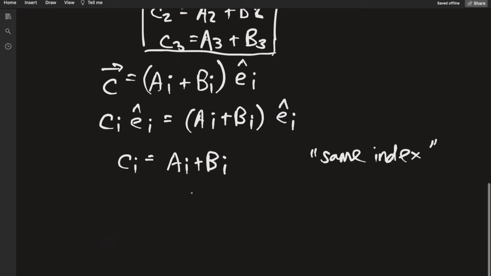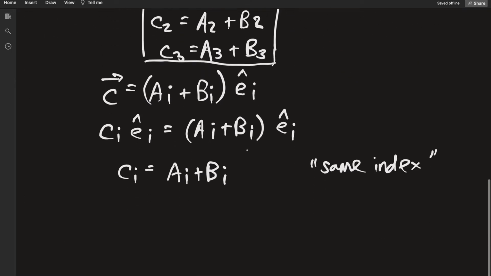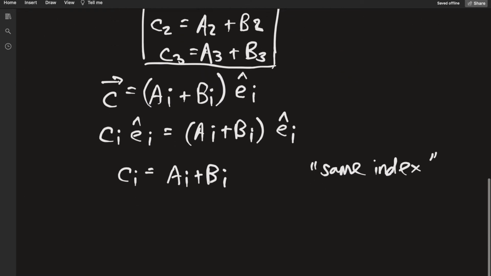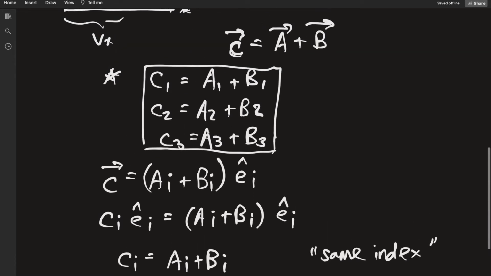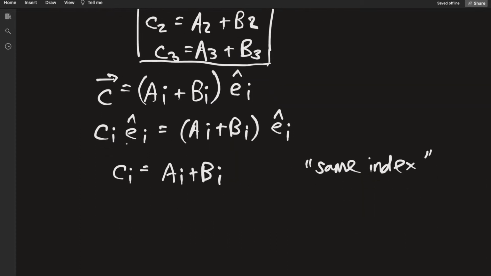Right now I can just have one summation symbol. We omitted it because of the convention, but if we didn't omit it, we would have one single summation for all of the i's. Even if we use some other index for C, it would still imply the same because that's just one independent index on the left hand side.